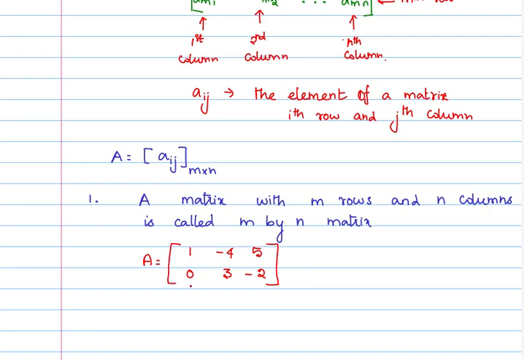How many rows are there? Two rows. There are three columns. So this is a 2 by 3 matrix.